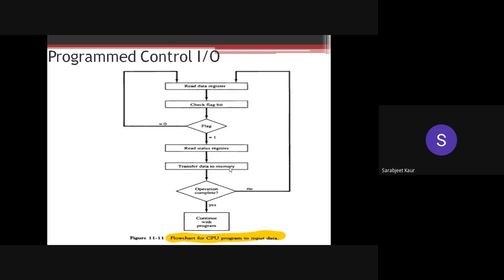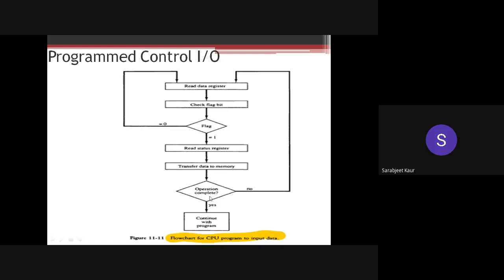Why? Because after sitting idle for so long, it has just been able to transfer only one word of data. It still has to check whether the operation is complete.